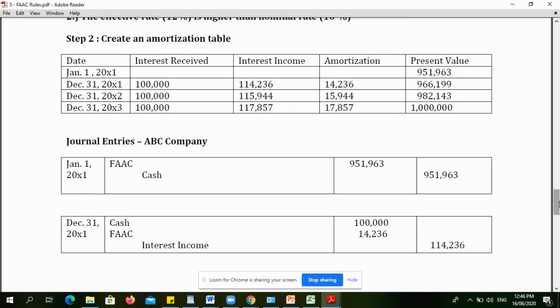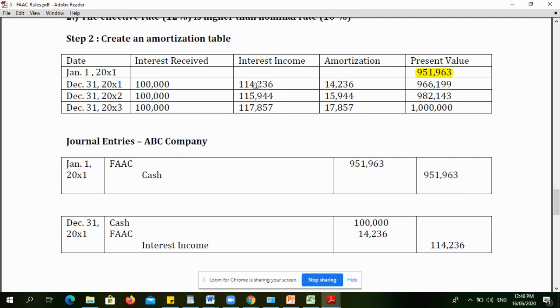Okay. We need to create an amortization table. The present value is 951,963. The interest received can be solved by multiplying the face amount times the nominal rate, which is 100,000 pesos.